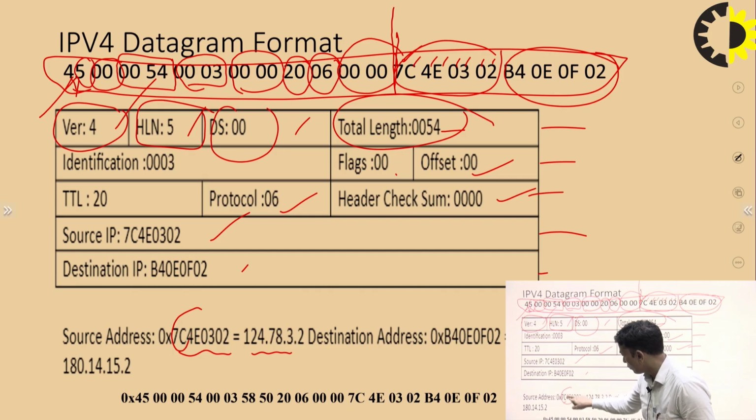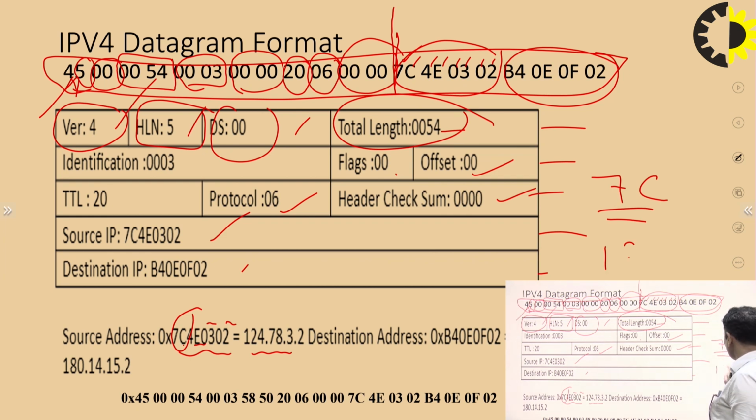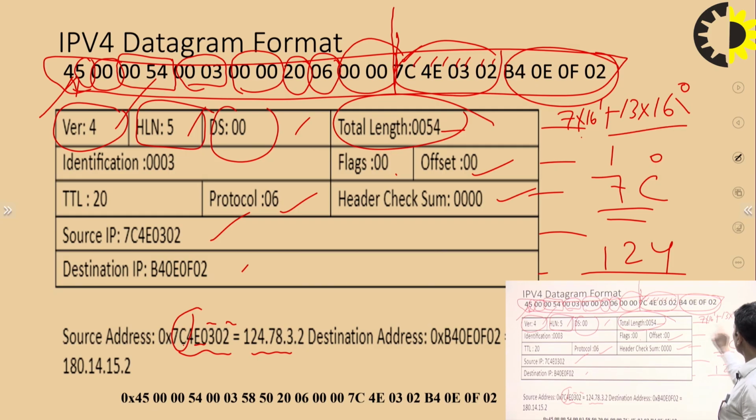So 2 symbols this one, next 2 symbols this, next 2 symbols this, next 2 symbols this. First, the 2 symbols 7C. 7C is converted into decimal, which gives 124. You have an idea how to convert: this is base 0, this is 1. So C means 13 into 16 power 0, plus 7 into 16 power 1. That gives 124.